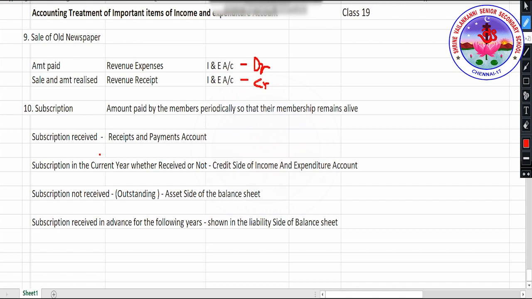The amount paid for newspapers, magazines or periodicals is debited to the income and expenditure account, being a revenue expense. Any amount that is realized on sale is a revenue receipt. Now, moving forward, subscription.